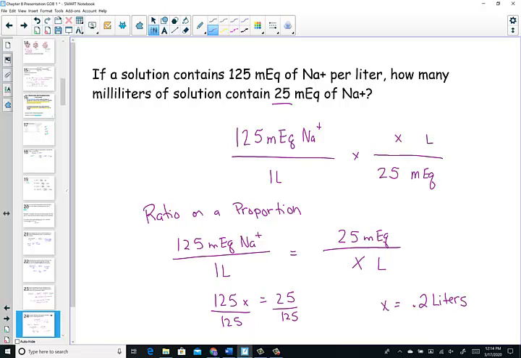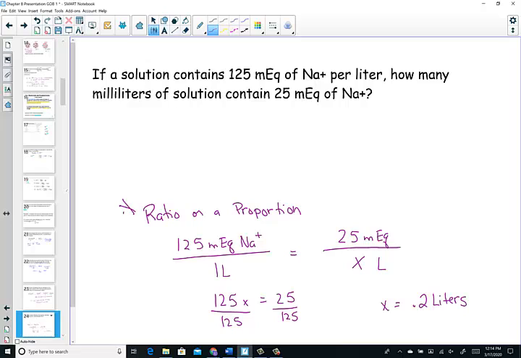And I'm going to just erase this to make that more clear. Let's erase that and set it up as a ratio or a proportion. So set this up as a proportion and we'll see that equivalency easier. I'm going to say 25 times 1 set equal to 125 times x.